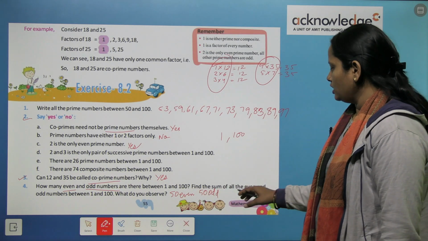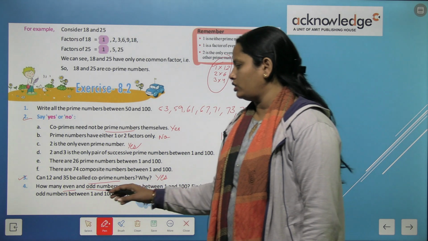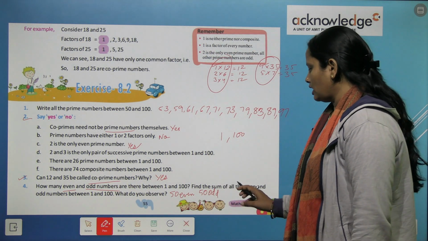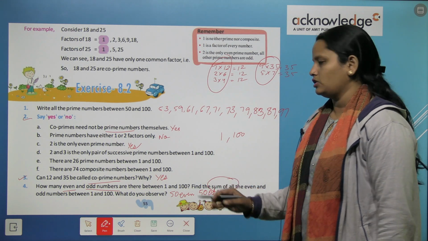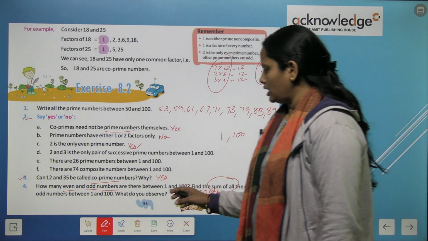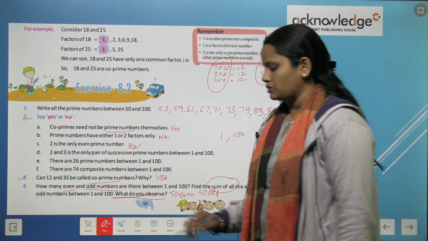Now find the sum of all the even and the odd numbers between 1 to 100. What do you observe? आपको क्या करना है, आपको इन सारे इवन नंबर्स और ऑड नंबर्स को ऐड करना है और आपको देखना है कि आपको क्या समझ में आता है.